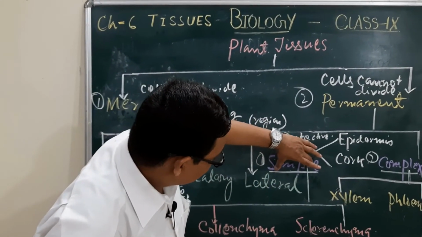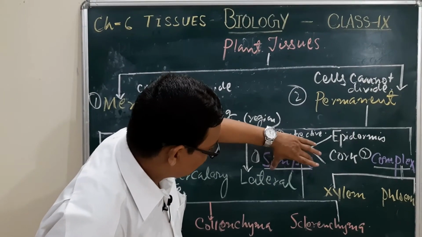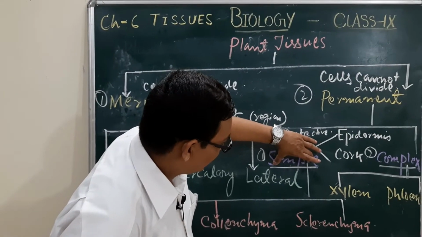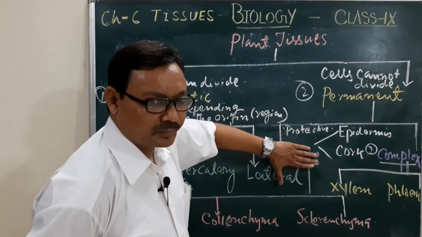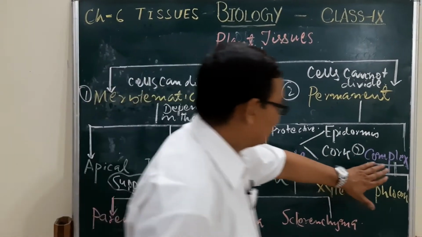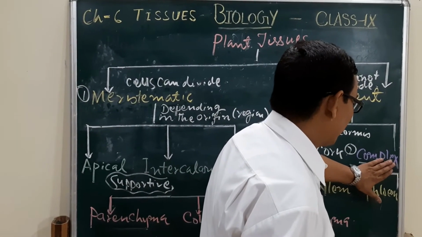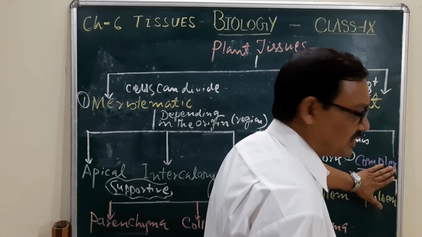The cells which compose this type of simple tissue are similar, and the cells which compose this type of complex permanent tissue are different.